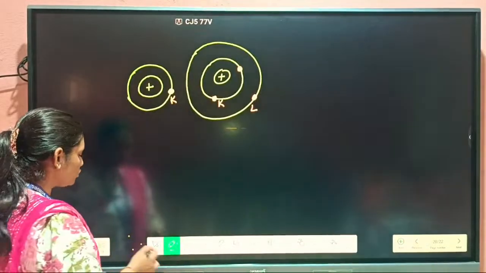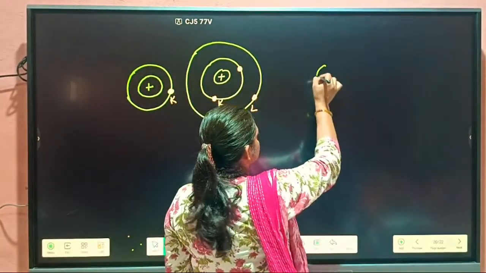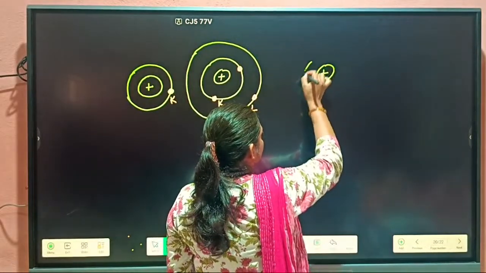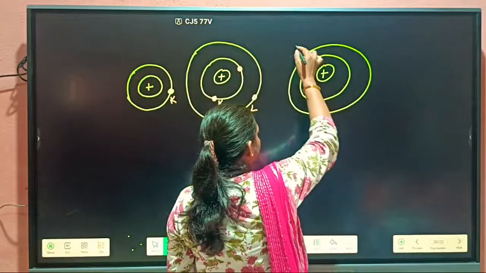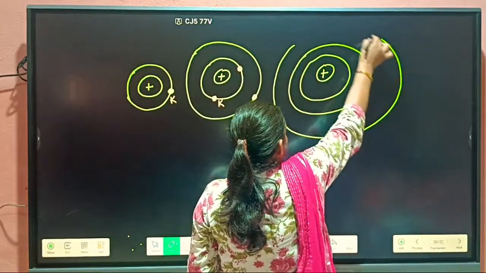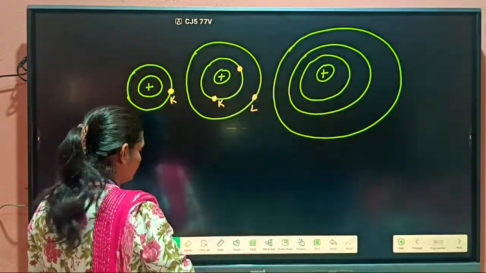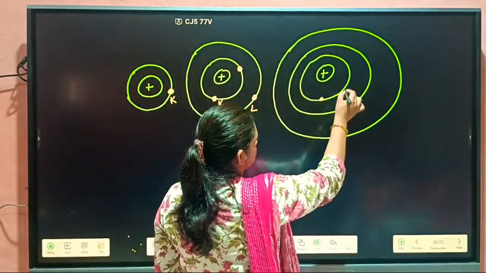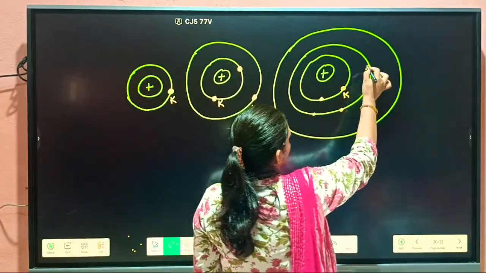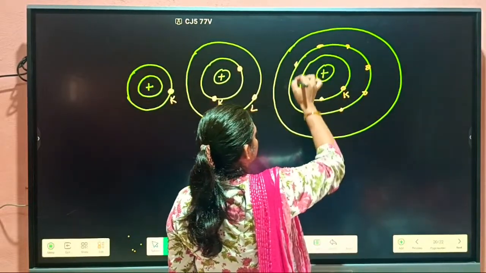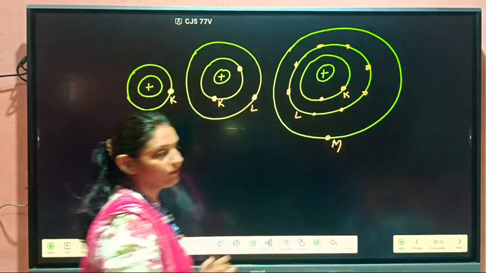If I talk about sodium, then there will be 3 shells. Two electrons are in the K shell, 8 electrons in the L shell and 1 electron in the M shell.